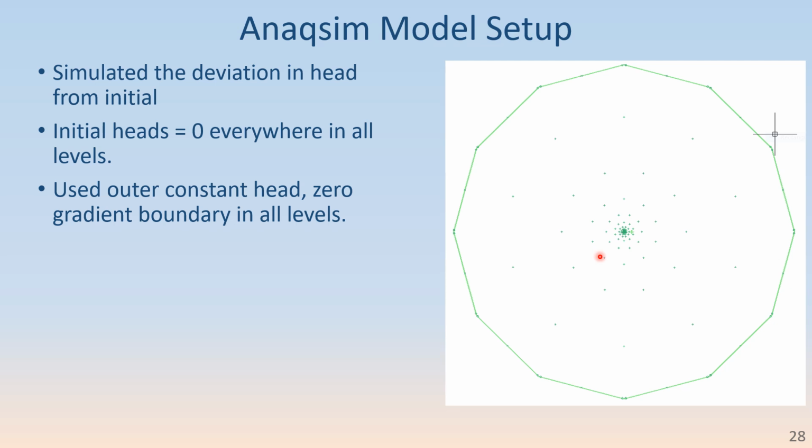I think it was 10. Yeah, 10 points per circle, and that gave very good accuracy in terms of the storage fluxes that were simulated and the extraction check.